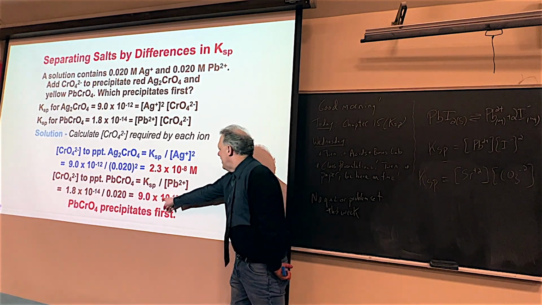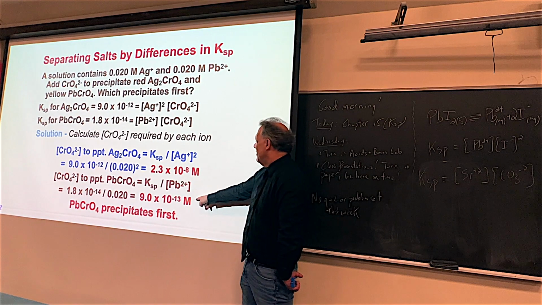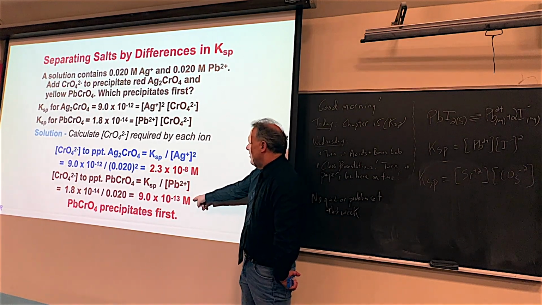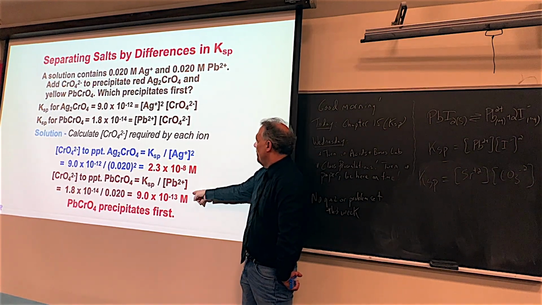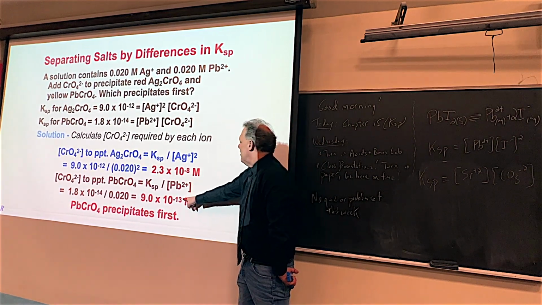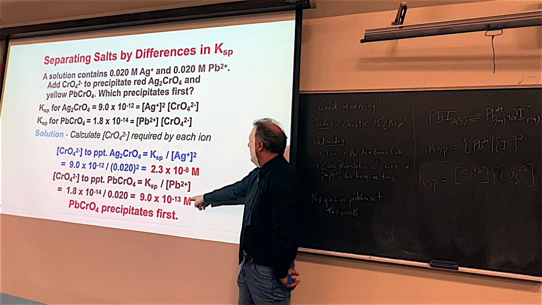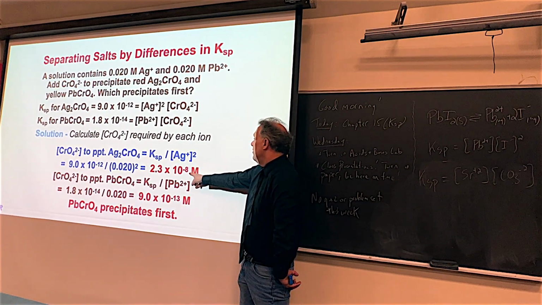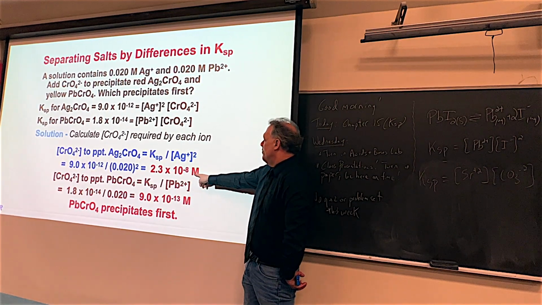It only takes 9 times 10 to the minus 13th moles per liter to make PbCrO4 begin to appear. It takes several orders of magnitude larger, 10 to the minus 13th versus 10 to the minus 8th, to make the Ag2CrO4.